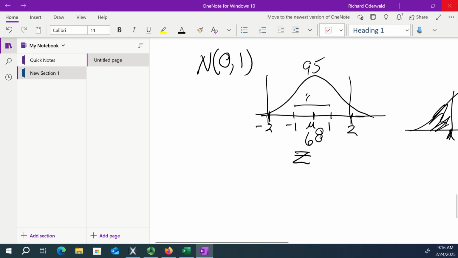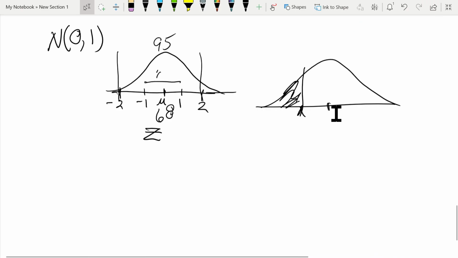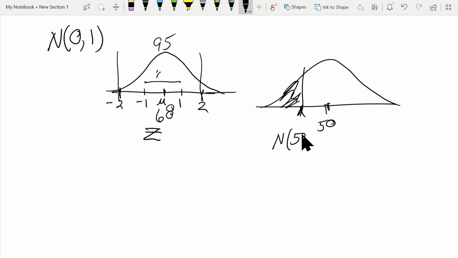This other one is a standard normal converted to actual values. So if the mean is 50, I've got a normal, and this is the way it's written.